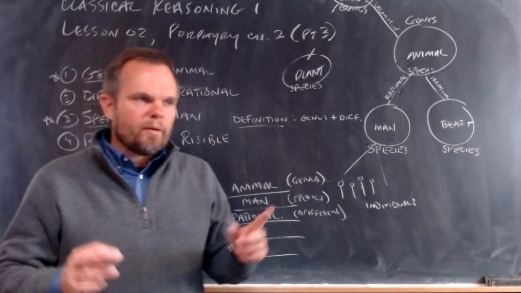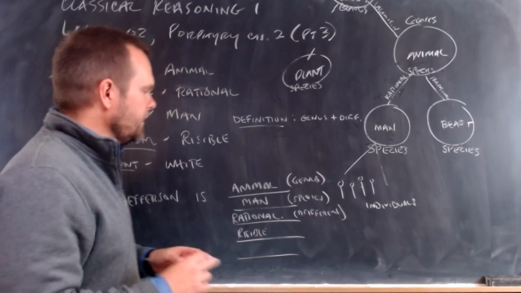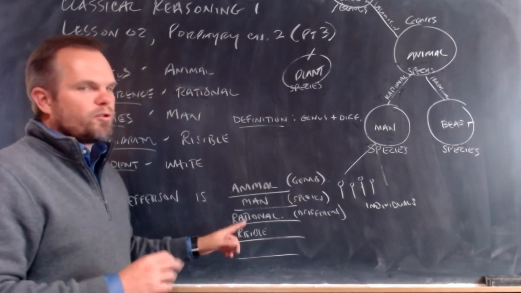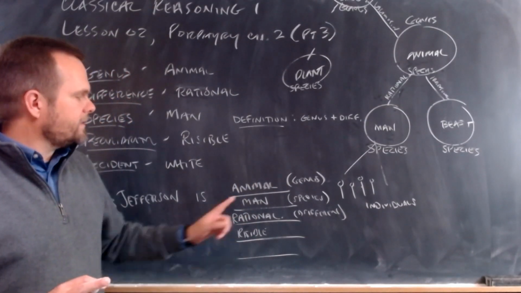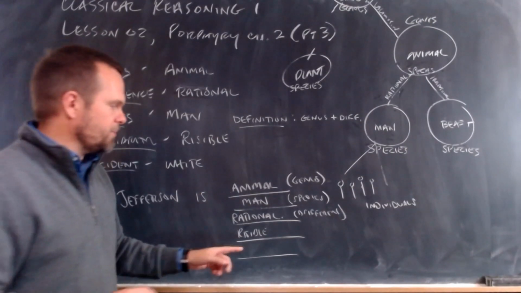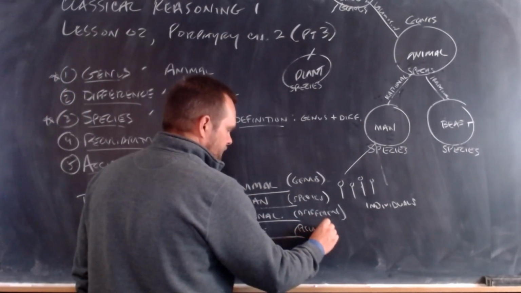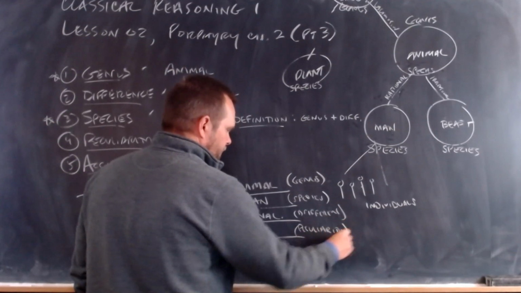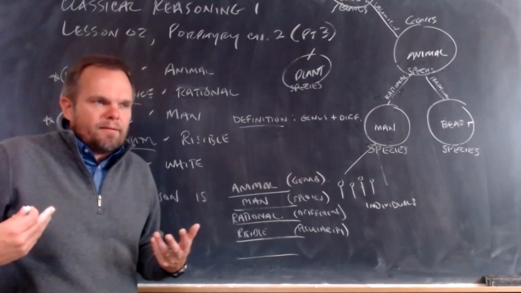Okay? So if there's a quality of man that's true only of man, but it's not the difference, then it's a peculiarity. It's peculiar to man. It's a proper attribute. It's an attribute that applies only to man.